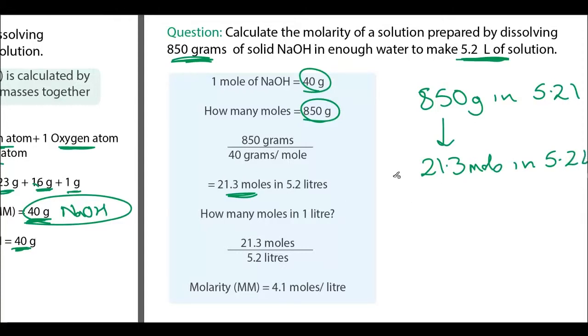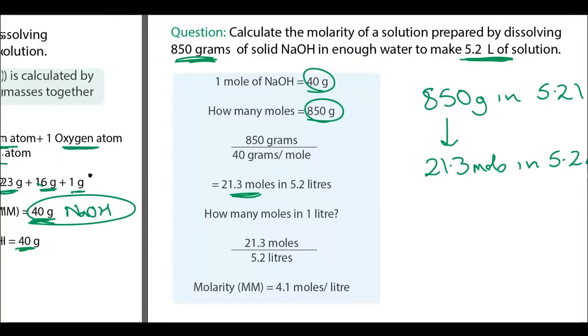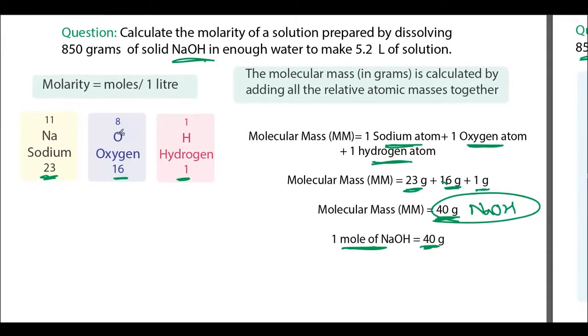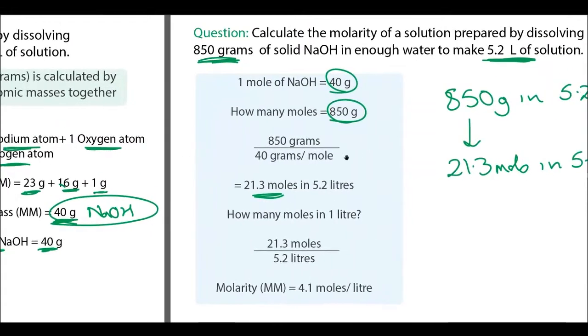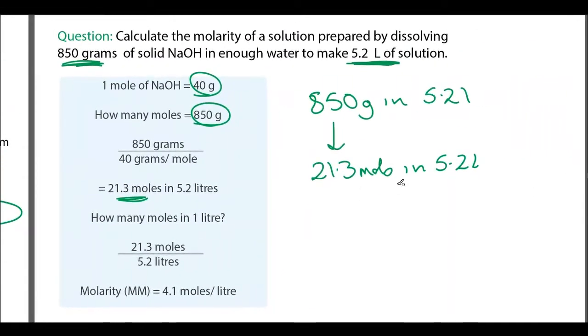But molarity is the amount of moles per litre, the amount of moles in 1 litre. So if we've got 21.3 moles in 5.2 litres, to find out how much we've got in 1 litre, we take 21.3 moles and divide it by 5.2 litres.